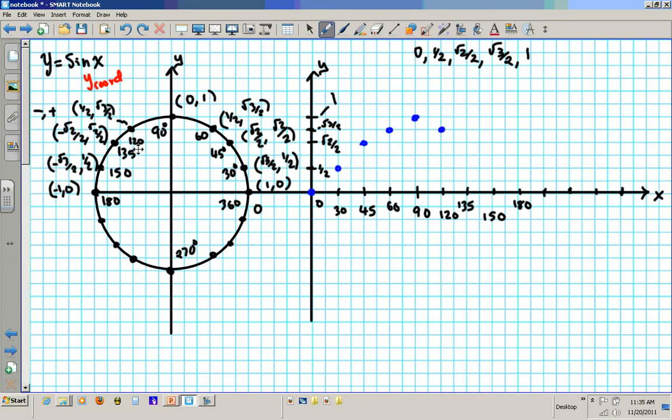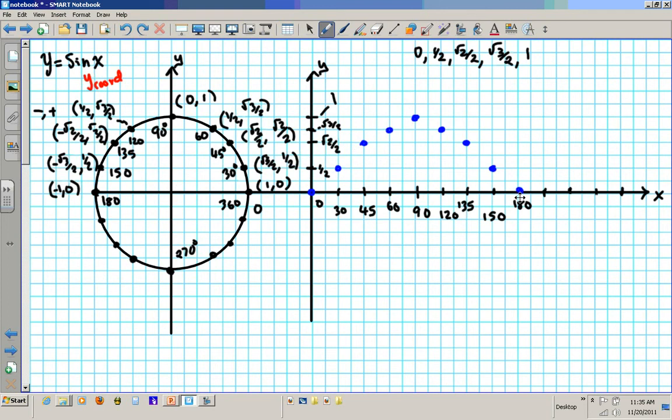For 135, we just need the y coordinate, which is root 2 over 2, which goes right here. For 150, we need just the y coordinate, which is 1/2, which goes right here. And then for 180, we just need 0, which goes right here. So you see what we just formed? A nice little arc for the first half.